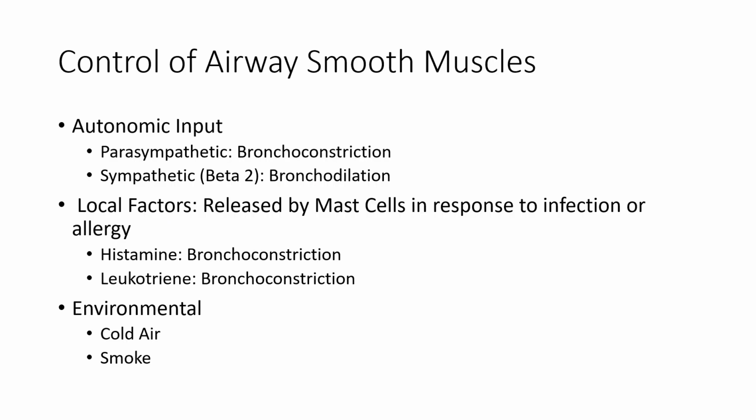All right, so in terms of control of the airway smooth muscles, it's important that we go over some basic terms. We've got bronchoconstriction and bronchodilation. Bronchoconstriction refers to the airways decreasing in size, and bronchodilation refers to the airway diameter increasing in size. We'll draw a little airway.